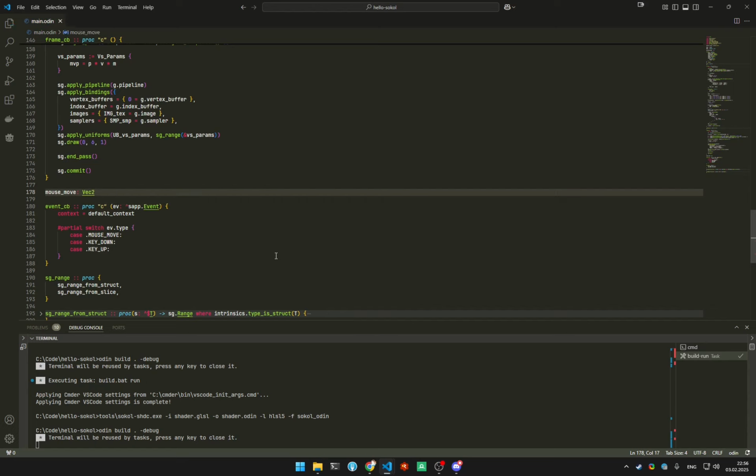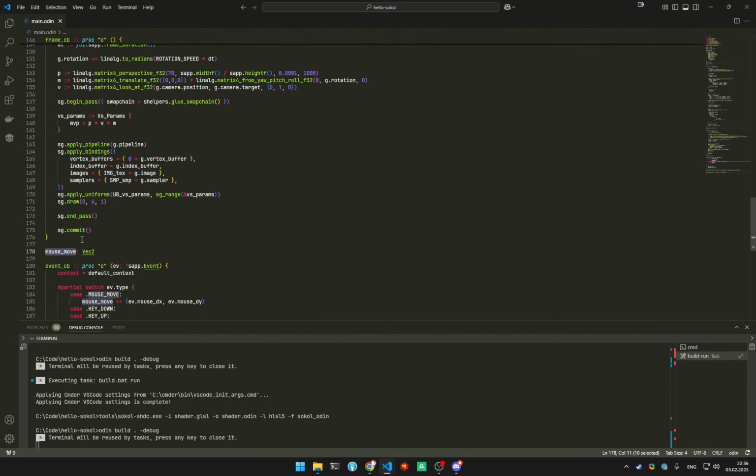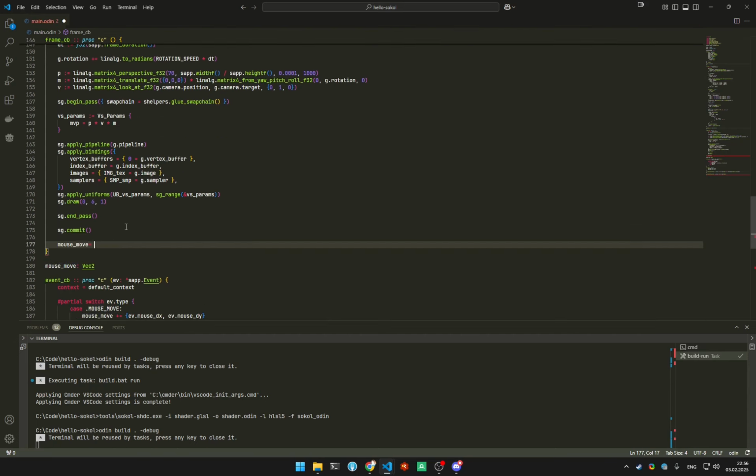So what we want is to just accumulate this with the vector of mouse delta x and mouse delta y, which is handy, it's already float 32. And then at the end of the frame we actually want to clear this, so this value is just per one frame.